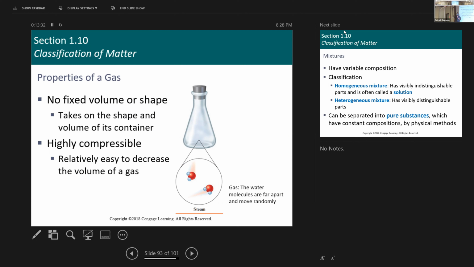So that's 500 meters in a second. That's the average velocity of a singular nitrogen or oxygen molecule in our atmosphere. So you might be thinking, whoa, that's really fast. How come we don't feel it, right?